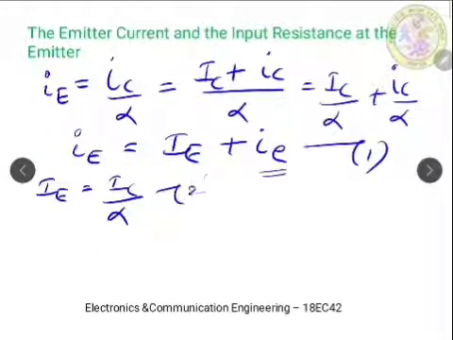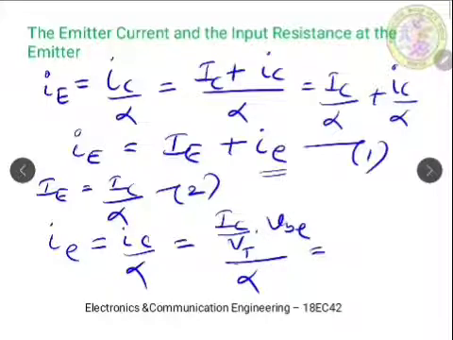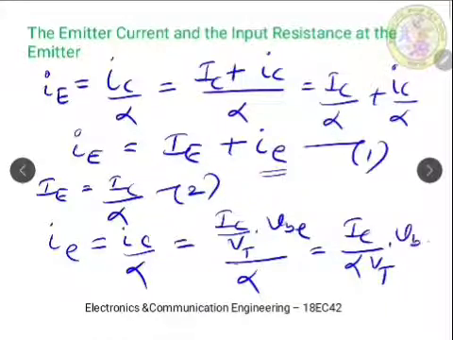Also we have this small ie, given by small ic by alpha, and wherever small ic is there, it can be replaced by our standard equation, IC by VT into vbe. By making the simplifications, ie equals IC by alpha VT into vbe.